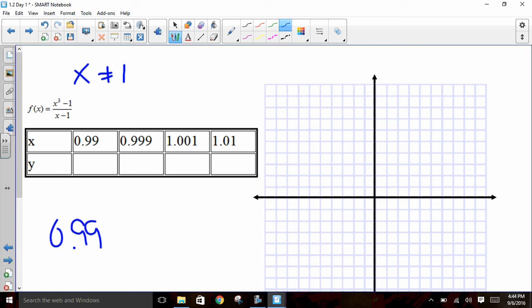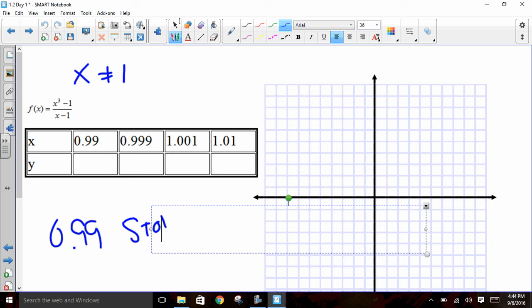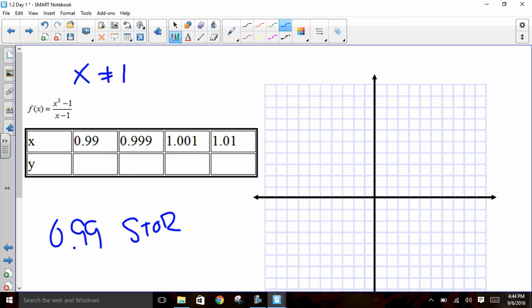So I'm going to type 0.99 and hit that STO button. It has a little bit of an arrow going to it. And then I want to store that as x, so I'm going to look for my x button, which is right next to my alpha. I'm going to hit enter, and now when I hit x, I'm going to have that 0.99.